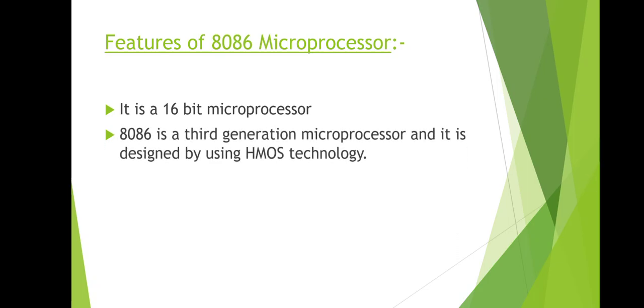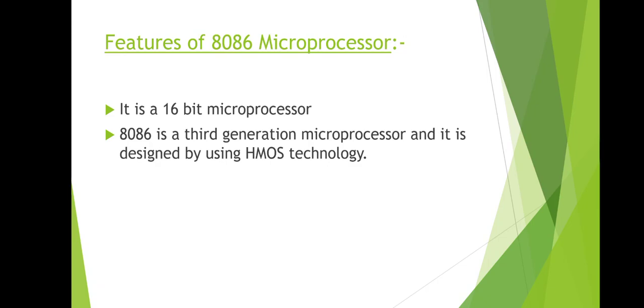And second one is 8086 is a third generation microprocessor, and it is designed by using HMOS technology. Here we have generations of microprocessor, and the first one is the first generation microprocessor is 4-bit microprocessor, and the example of 4-bit microprocessor is 4004.